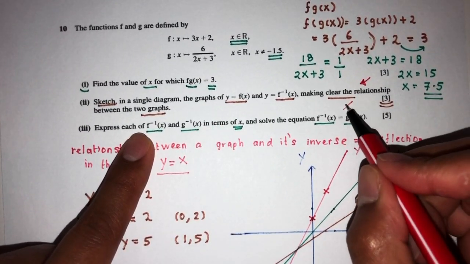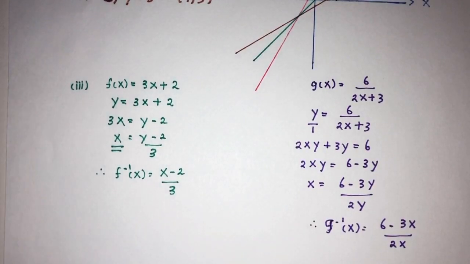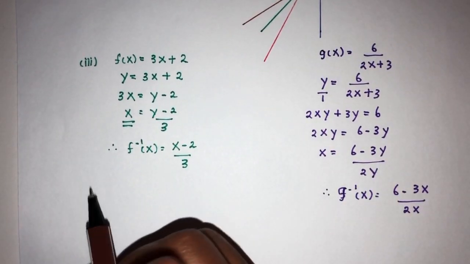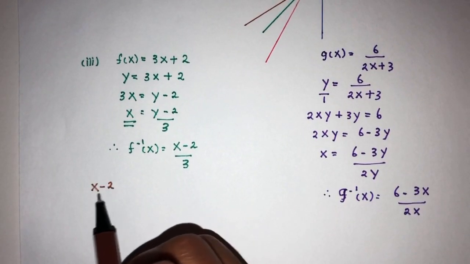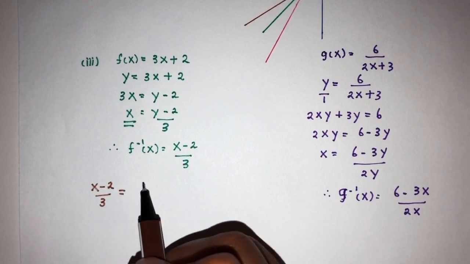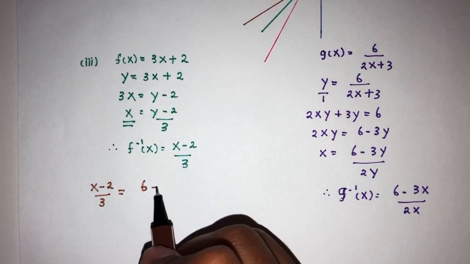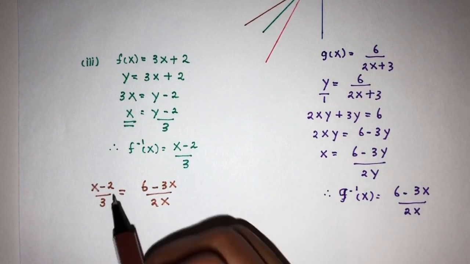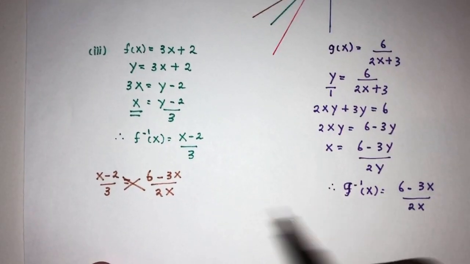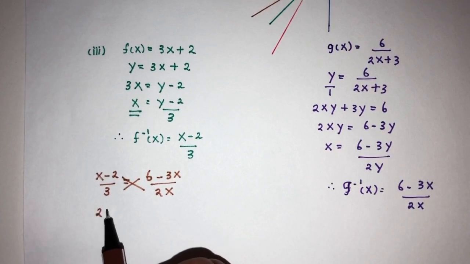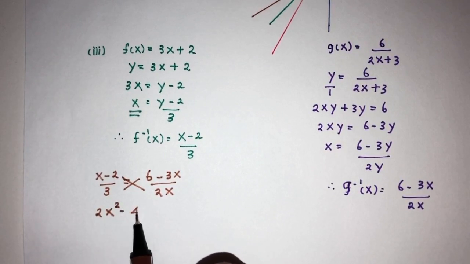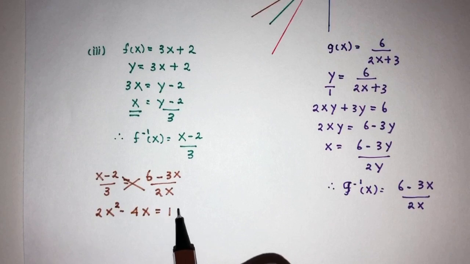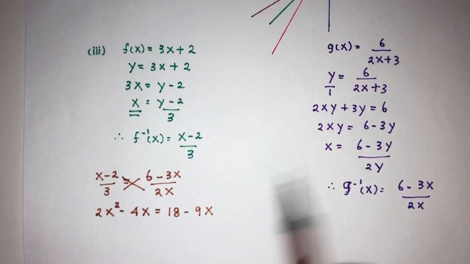Now we have to solve this equation. So let's equate that. On one side we have x minus 2 equal to 6 minus 3x over 2x. So we can cross multiply first. You will have 2x squared minus 4x is equal to 18 minus 9x.